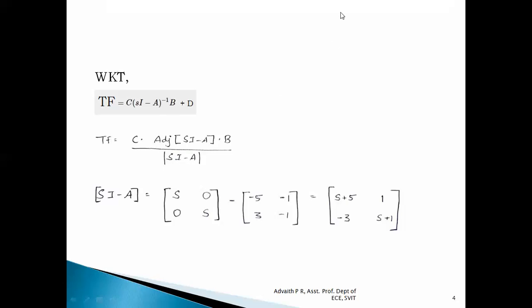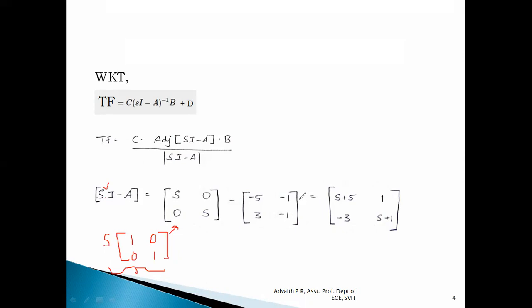So for that, we will be using sI minus A. A matrix is a 2 cross 2 matrix, which is already given. So the identity matrix for a 2 cross 2 matrix will be 1, 0, 0, 1. And this identity matrix, we multiply with the term S. So this will give us S, 0, 0, S, minus the A matrix, -5, -1, 3, -1.